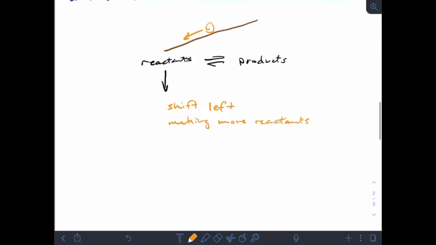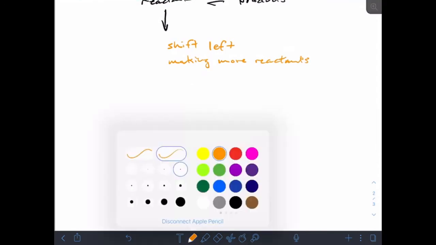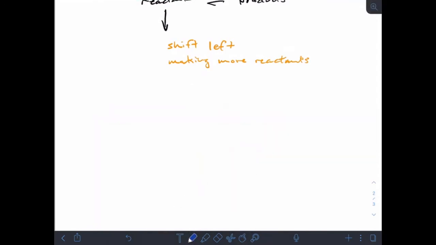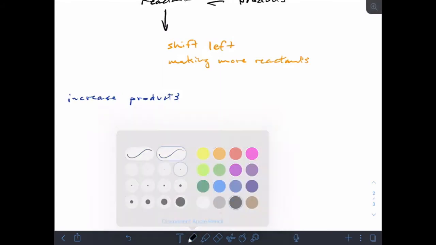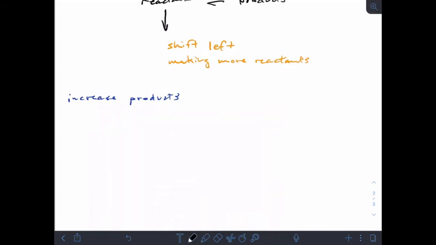So what happens if I add more products? Same situation as if I added reactants.